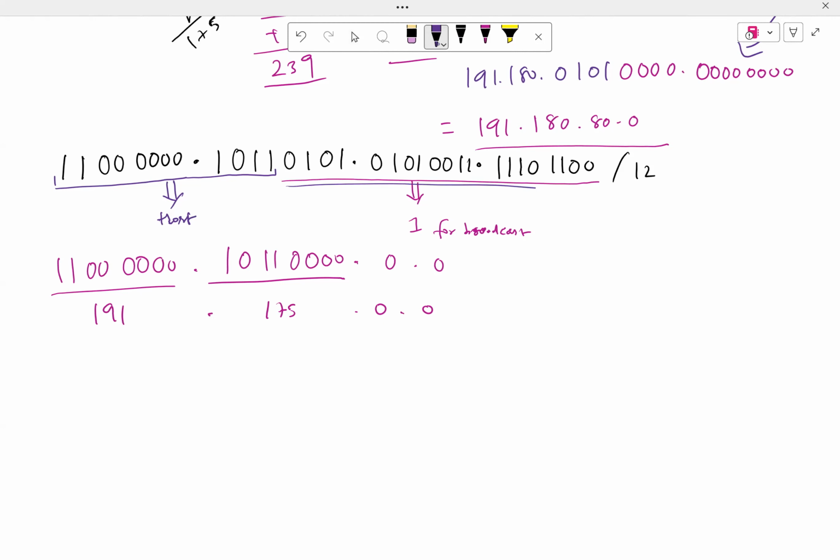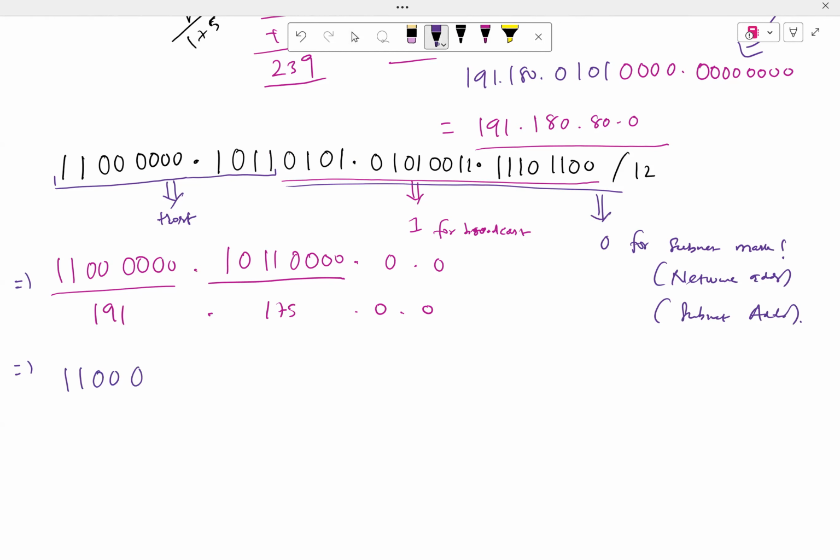If you put 0 for subnet mask, or network address, or subnet address. Okay. So if you put 0, your resultant will come around to be 1100,000 dot, because host will not touch 1011. Then you put 00000 dot all 0 all 0.